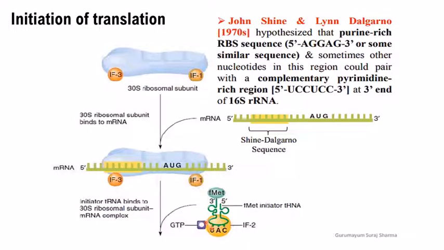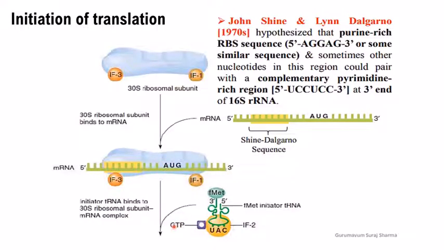Now this initiator tRNA molecule is brought with the help of initiation factor number 2. So here we have initiation factor number 2, which is a GTPase protein, and with its help the initiator tRNA with a bound formylmethionine is brought to the 30S ribosomal subunit mRNA complex.